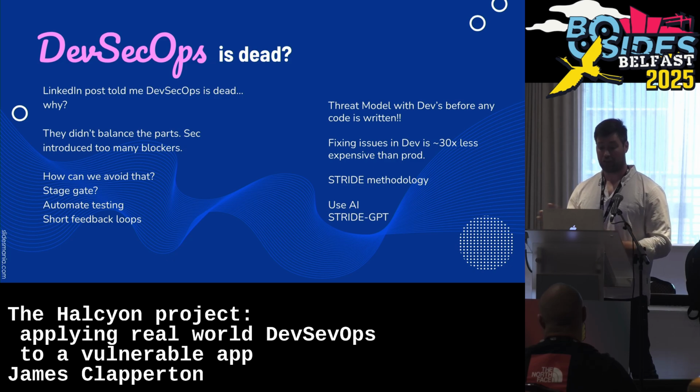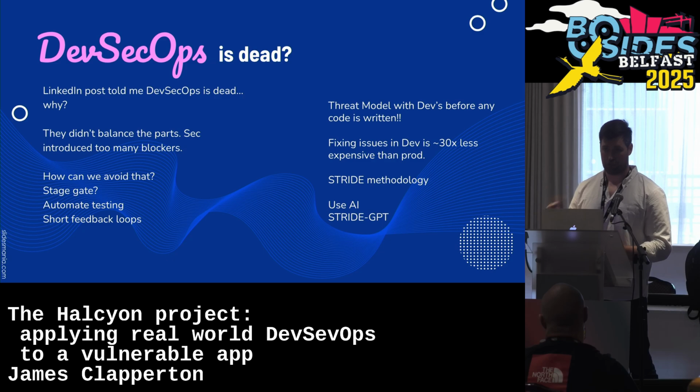What they didn't do was balance those parts out. So security needs to be in balance with the development and the operations. I think I've mentioned before how to do that. Putting stage gating in place could be a good introduction to adding DevSecOps in. Automating your testing to make sure that it's happening in a timely manner, so it's not taking out too many man hours, and introducing short feedback loops.